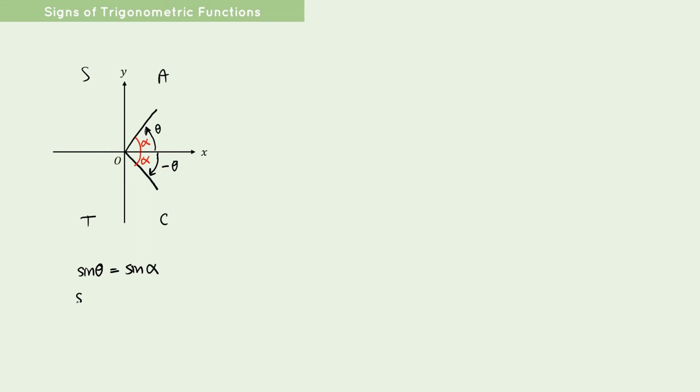If I consider sine negative theta, it will actually be negative of sine alpha, because in the fourth quadrant sine is negative. From this, can you see that this is negative sine theta? So therefore sine negative theta is negative sine theta.